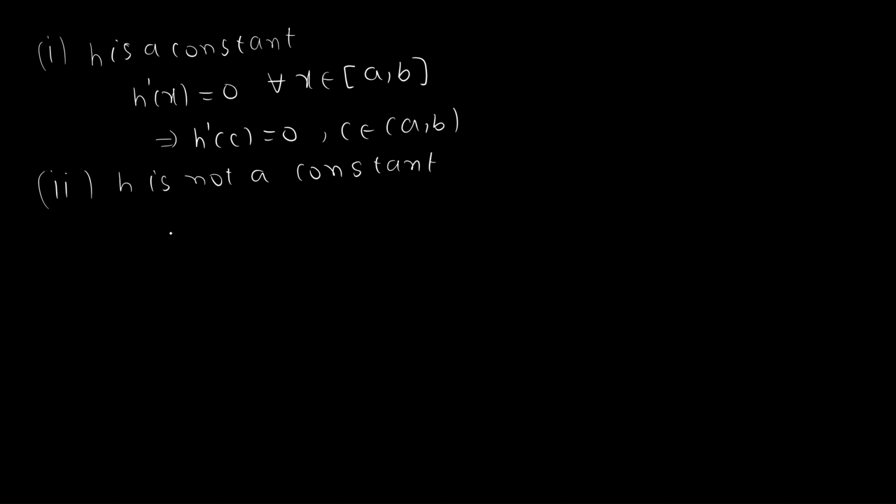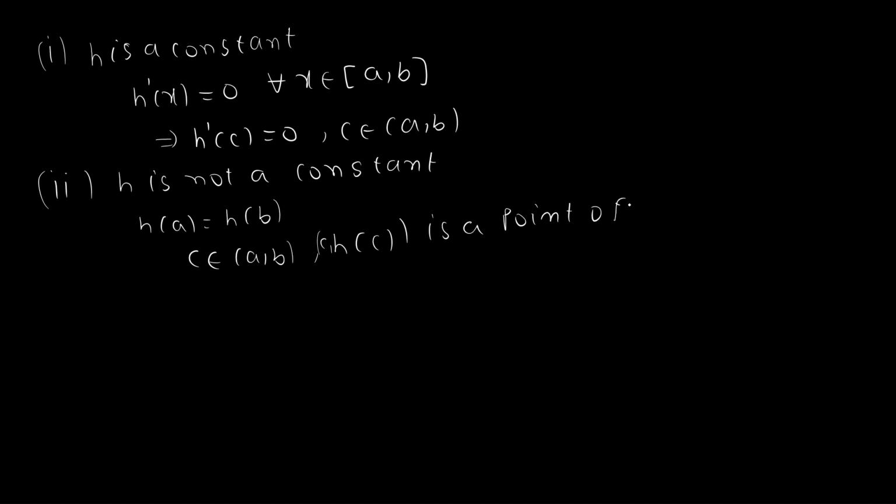Since h of a equal to h of b is given and h is not a constant function, from the extreme value theorem we can say that there will exist at least one point c belonging to a comma b such that h of c is a point of extreme.